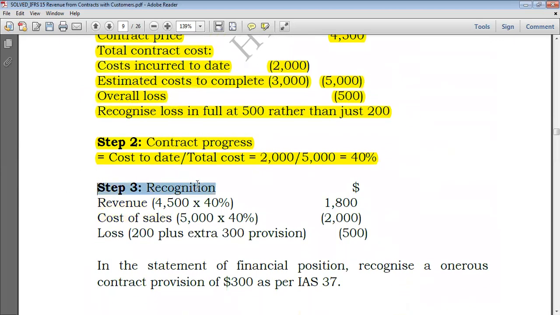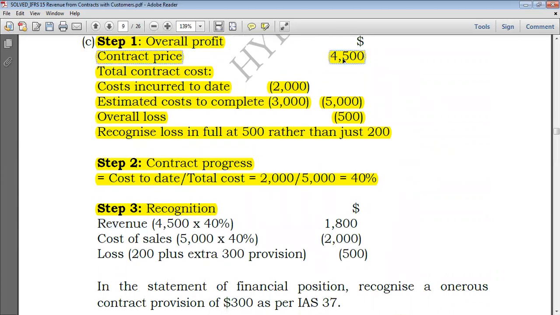We go to the statement of profit or loss now, in recognizing revenue as well as cost of sales. So how do we recognize revenue? As usual, you take the contract price, which is now 4,500, and you multiply by the percentage completed during the year. So it is 40% minus 0%, which remains at 40%, and it gives you 1,800.